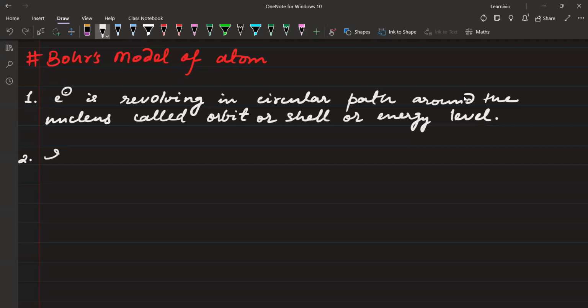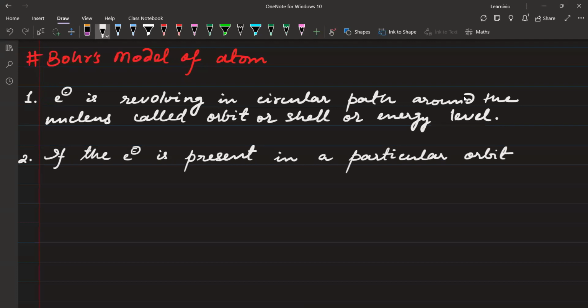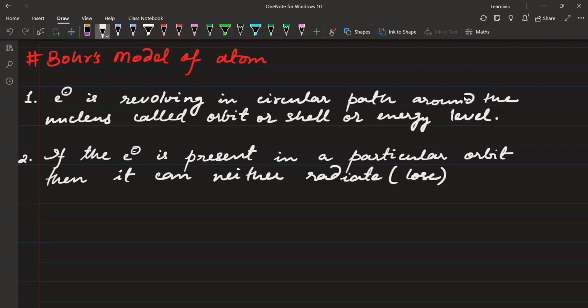If the electron is present in a particular orbit, then it can neither radiate, radiate का मतलब लूज होता है, neither radiate energy, nor absorb energy.